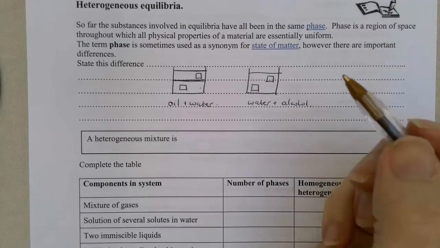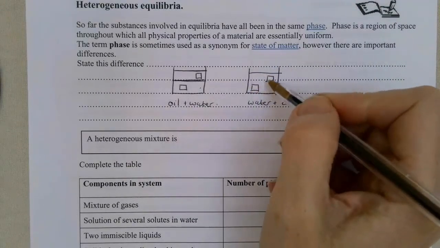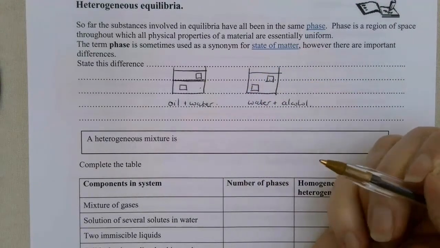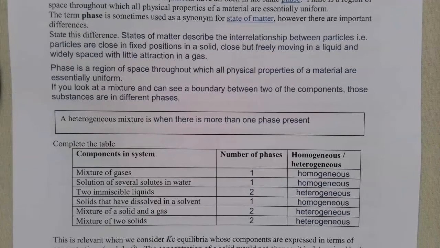There's only one phase boundary, and that is between the solution and the air. So the easiest way to tell if you've got different phases is to look for the boundary. If you can see a boundary between the two compounds, they're generally in different phases. So a heterogeneous is where more than one phase is present. A homogeneous is where only one phase is present.